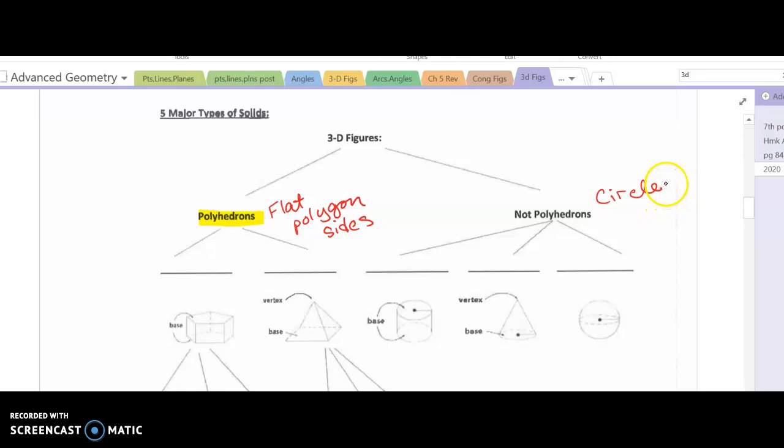And the polyhedrons can be split into categories of prisms and pyramids.